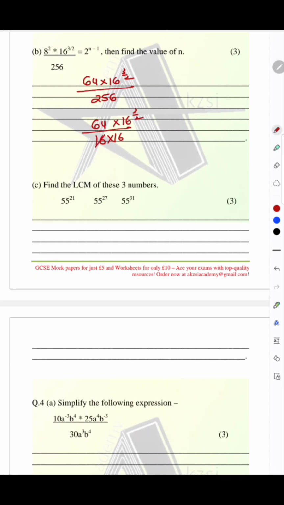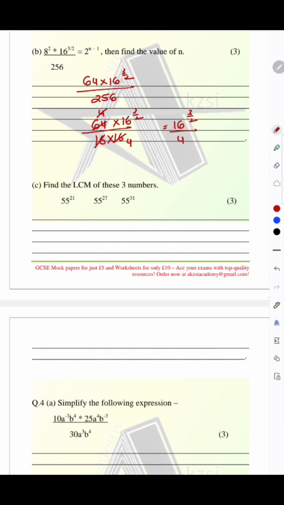We know 16 4s are 64, right? And 4 times 4 is 16. So this can be written as 16 to the power of 3 over 2 over 4. Now see, 16 to the power of 3 over 2, I told you to solve fractional indices, you have to convert the base number in the form of a to the power of m. And we know it's 2 to the power of 4.